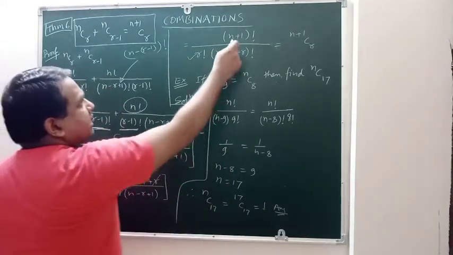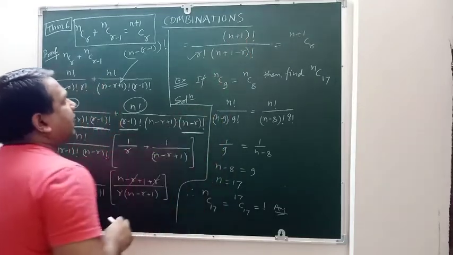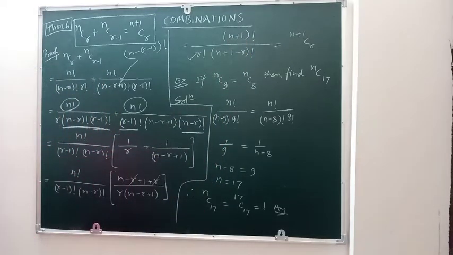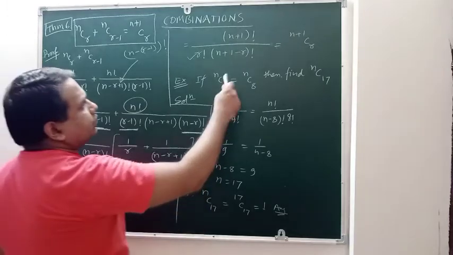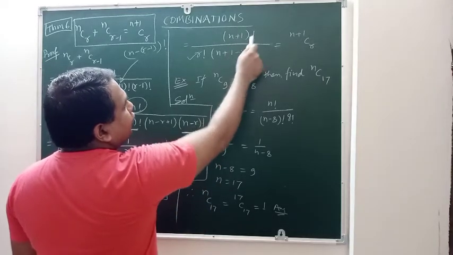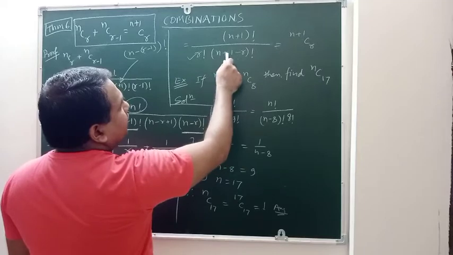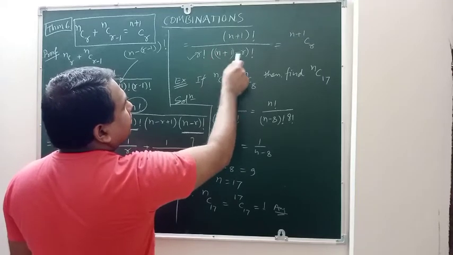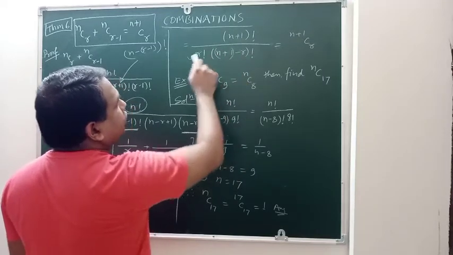If I compare to the formula, this is nothing but the formula only: n factorial divided by (n minus r) factorial into r factorial. So I have the same thing, (n plus 1) factorial divided by (n plus 1 minus r) factorial into r factorial.